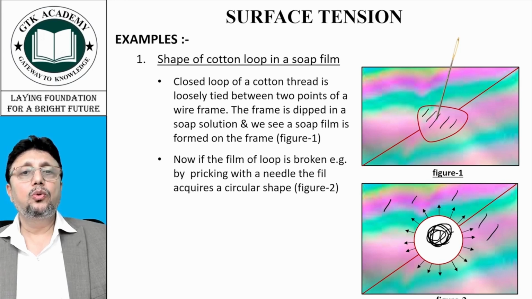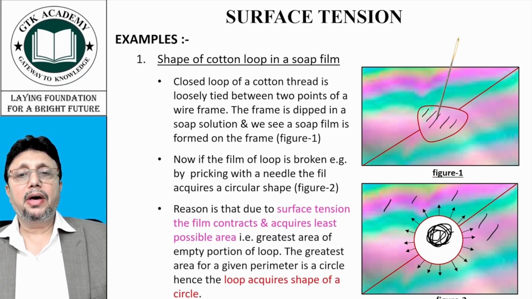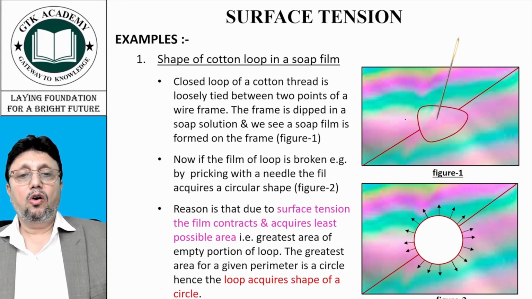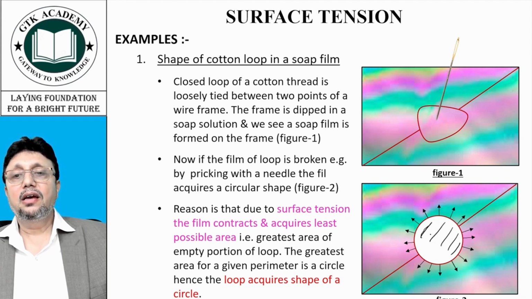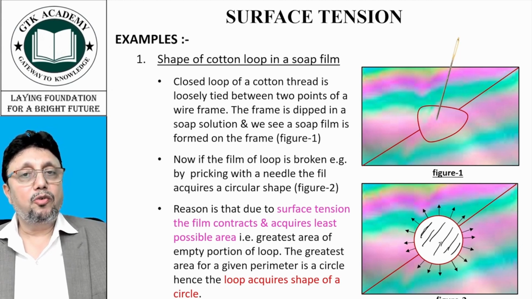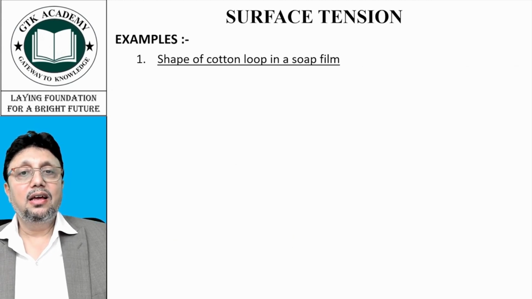So what will it do? It will try to maximize the area of the loop. Now for a given perimeter, the area of the circle is the greatest. Hence, this loop will take the shape of a circle.